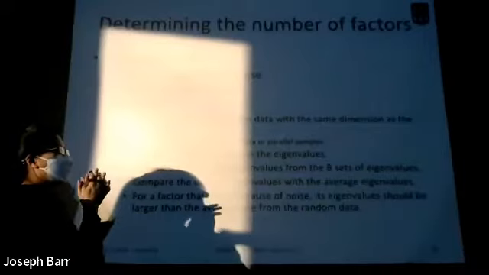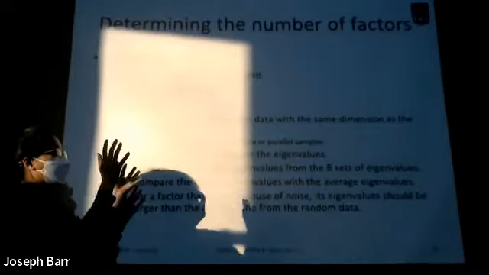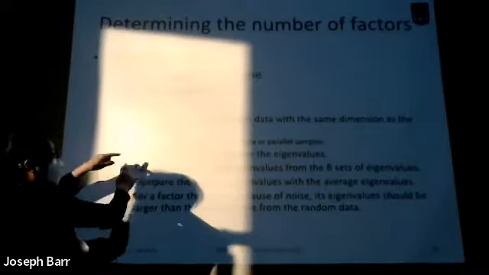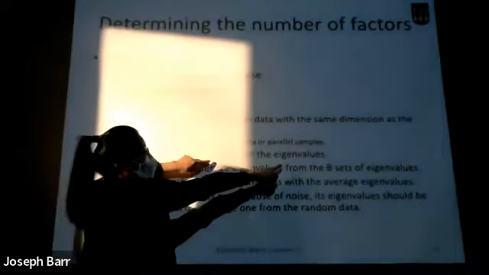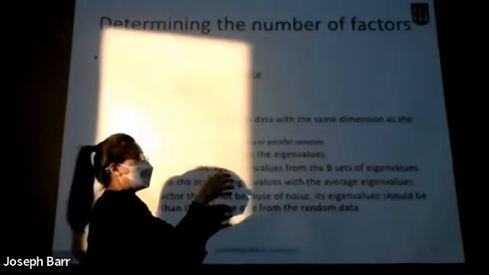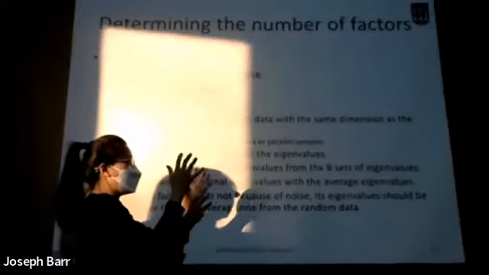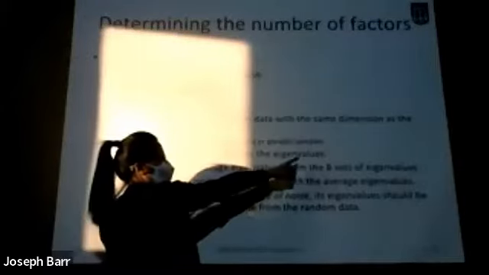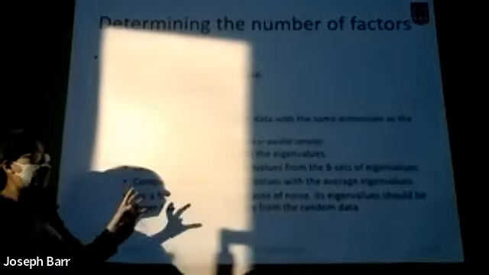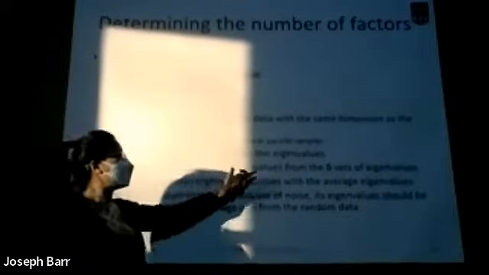Those data are called parallel data or parallel samples. For each data set we generate, we can compute its correlation matrix, and for that matrix, we calculate the eigenvalues. And we have B sets of random data, so for each of these B, we have one set of eigenvalues.